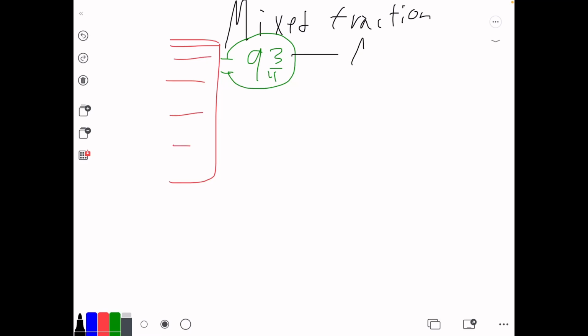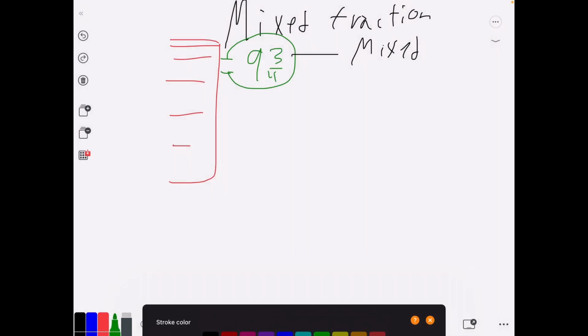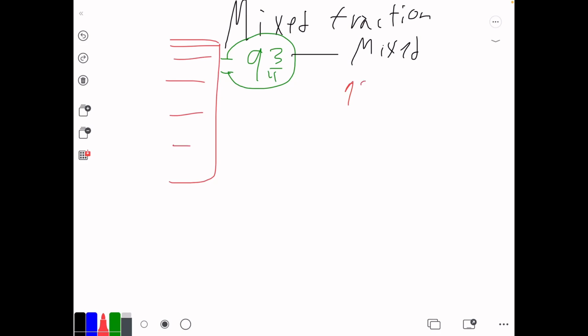So that right there actually is a mixed fraction. Because you can see how they kind of look different from each other. 9 3/4. So you can see right here, like 1/4. They look so different. And when you say them, you want to say the whole number first, 9 and 3/4. You don't want to say 3/4 and 9. That wouldn't sound right.